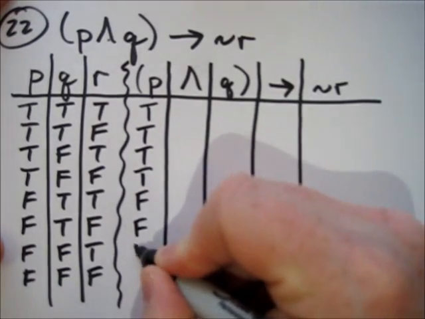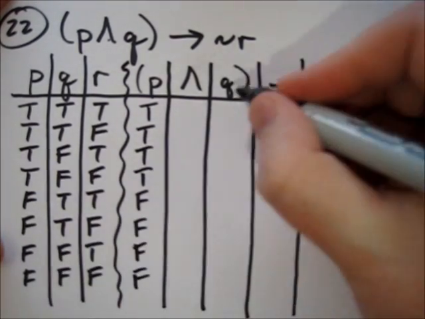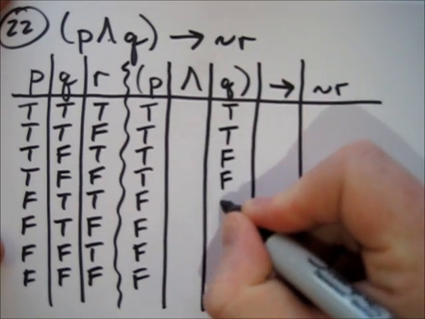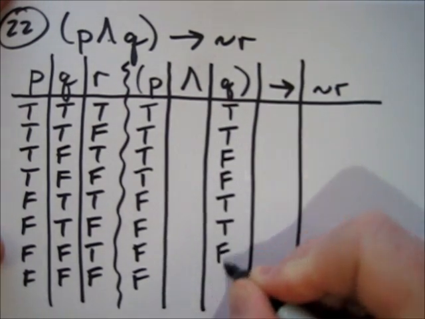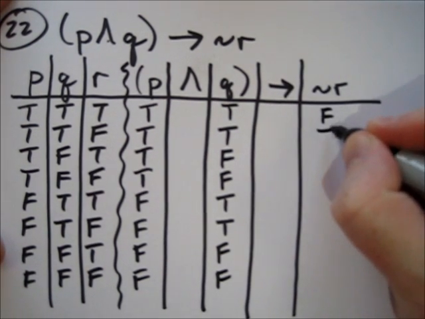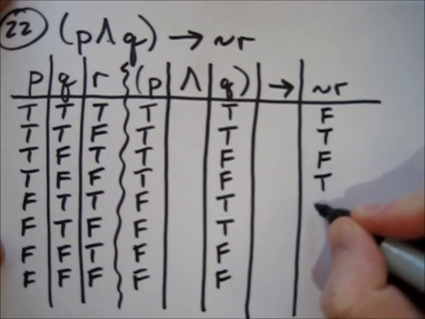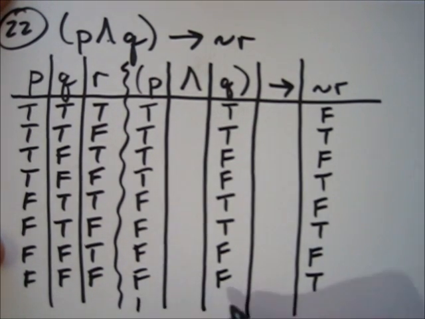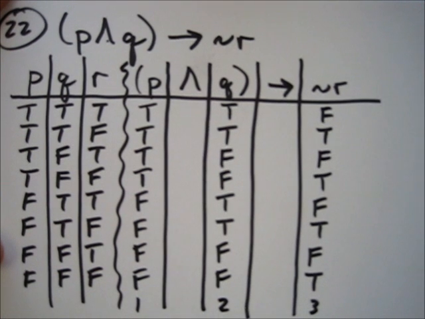Just copying column P from over here to the left. And now I'll copy column Q. And then I'll do the negation of R. Okay, so these are my columns 1, 2, and 3. That's the order I filled them in.